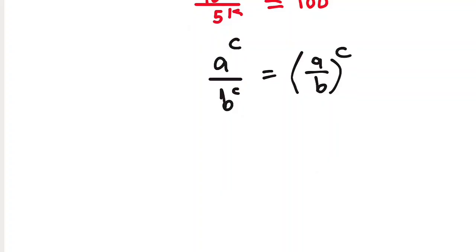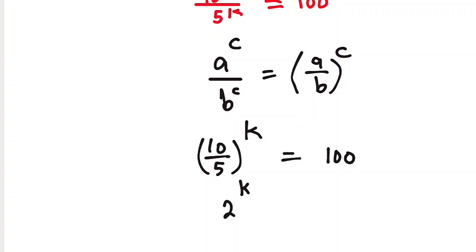And that's what I'm going to do exactly here, because we have both 10 and 5 having the power k. So we have 10 divided by 5, then to the power of k, equals 100. Now what is 10 divided by 5? We have 2. 2 to the power of k equals 100.